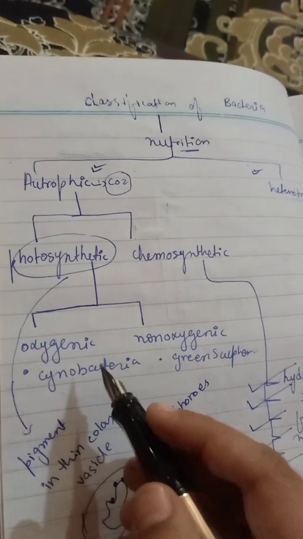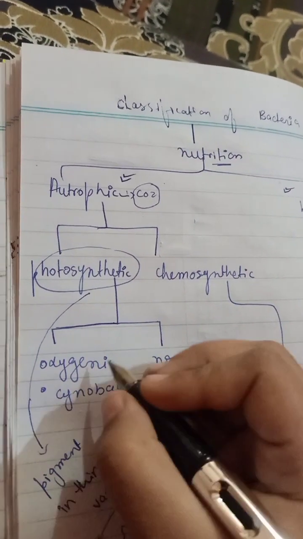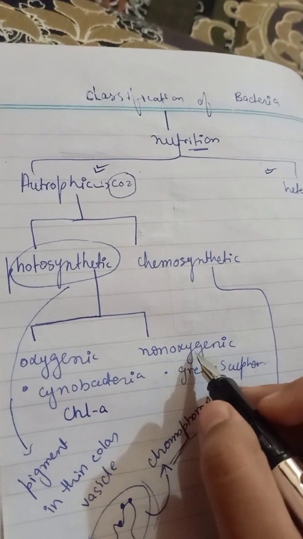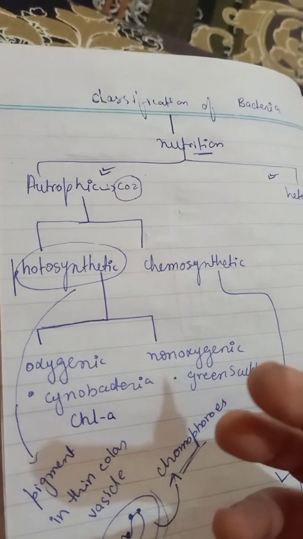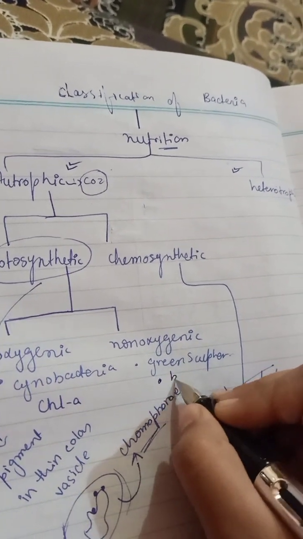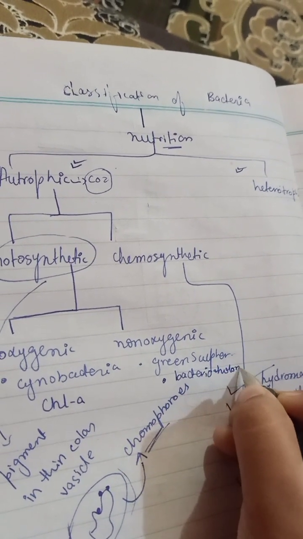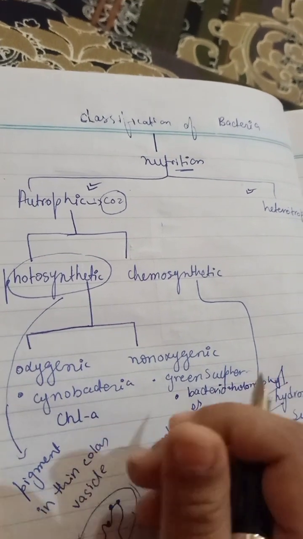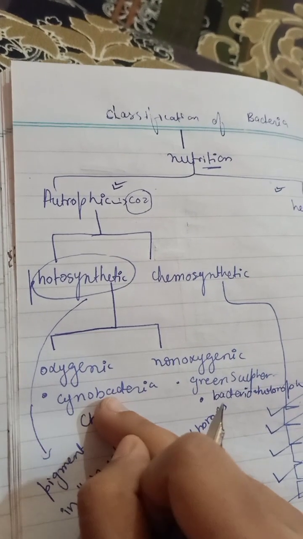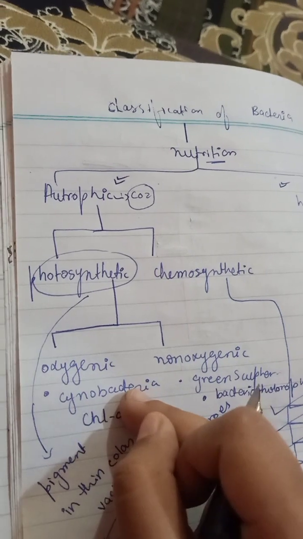Oxygenic photosynthetic bacteria such as cyanobacteria contain chlorophyll A. Non-oxygenic bacteria such as green sulfur or non-sulfur and purple sulfur have a pigment called bacteriochlorophyll. The oxygenic ones release oxygen through photosynthesis and use water as a raw material.